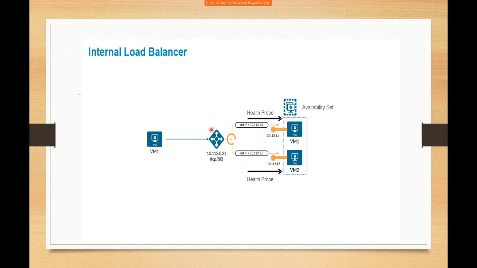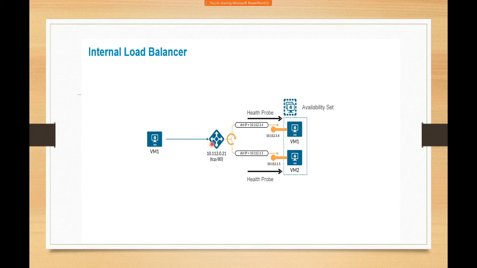So we have to deploy the internal load balancer. Once the traffic from the VM initiates, it will reach the internal load balancer front-end IP address. What is front-end IP address? Front-end IP address is nothing, just a listener IP of the load balancer.